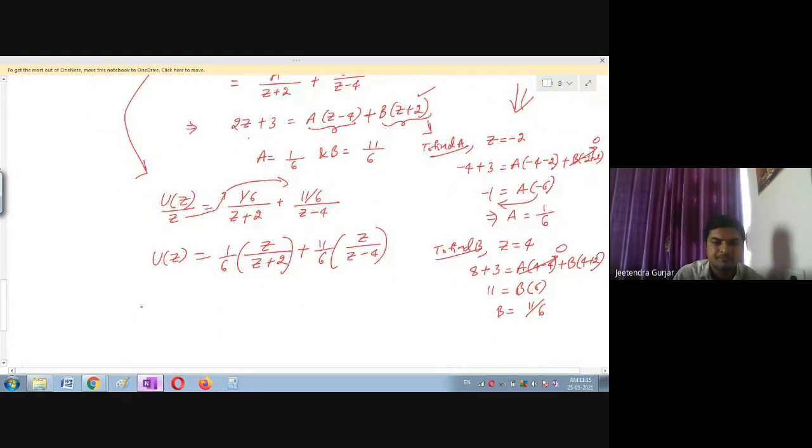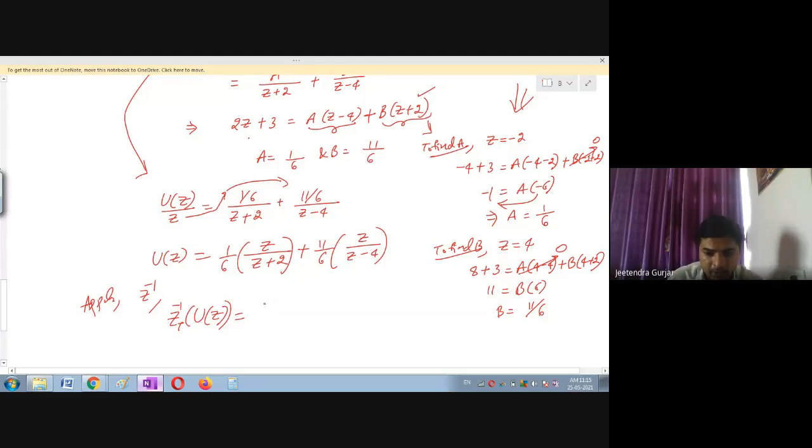Please remember this. Now I am going to apply inverse z transform, students. Please remember, therefore we get what we get. Inverse z transform of U of z will be equal to, the last step I'm going to use by the formula method. So I told in the previous class, remember the formula.